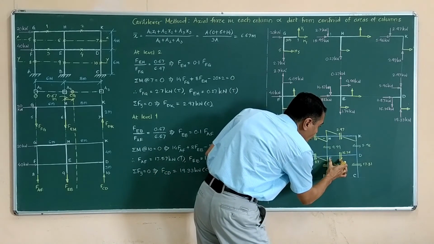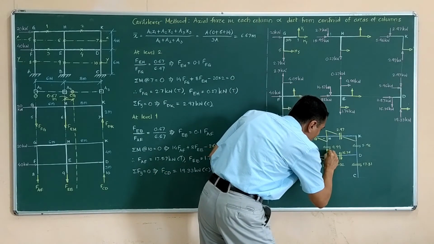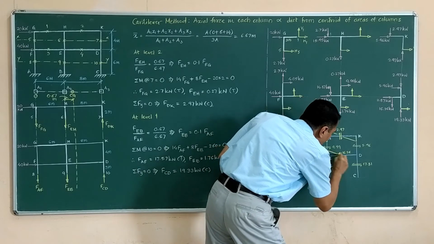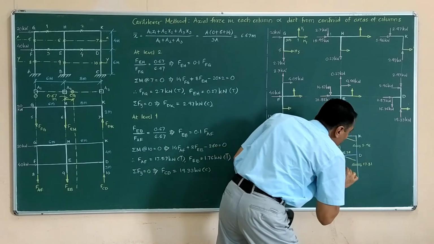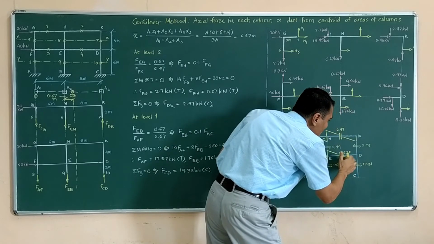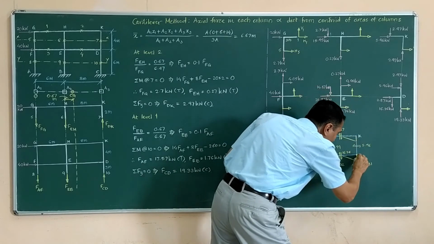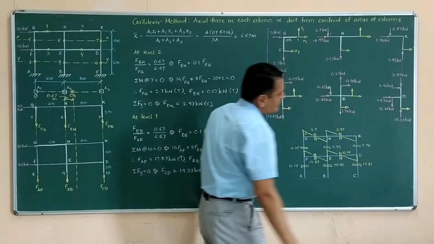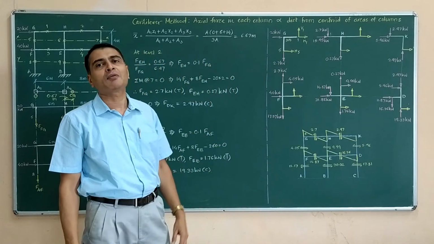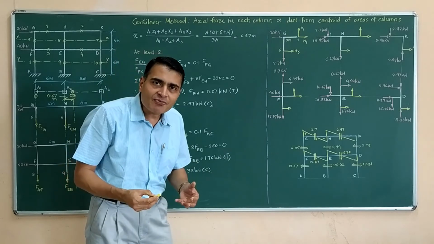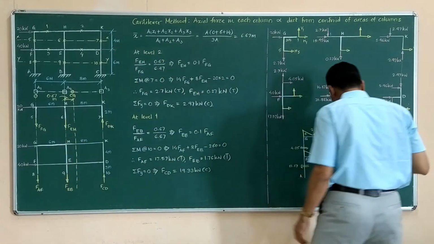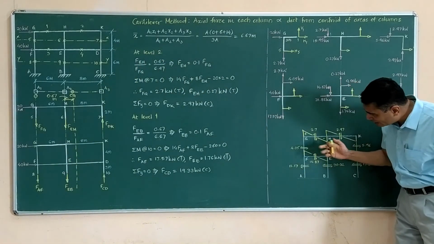16.36 into 4 sagging, so positive, linear to 0, point of inflection, linear onwards, 16.36 into 4 hogging, so negative. This is my moment diagram for the beams. In the same fashion, I will try to look at the drawing from here.